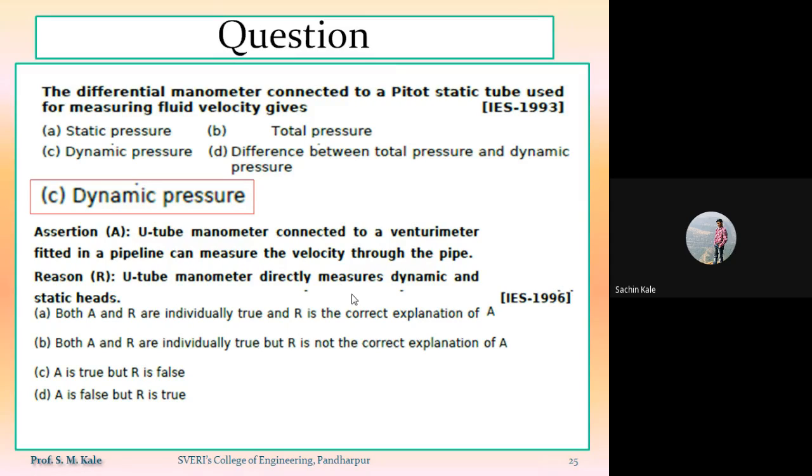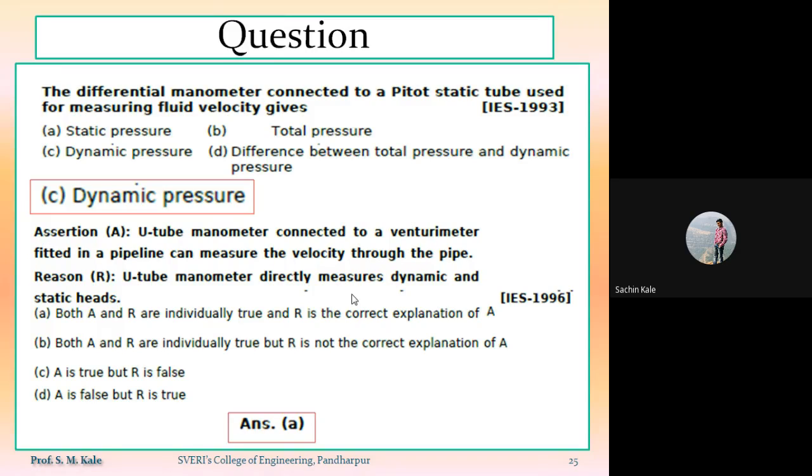Okay, so with the help of the U-tube manometer, we are measuring the pressure head difference, and that we are measuring at two locations. So if you see, A is the correct answer.